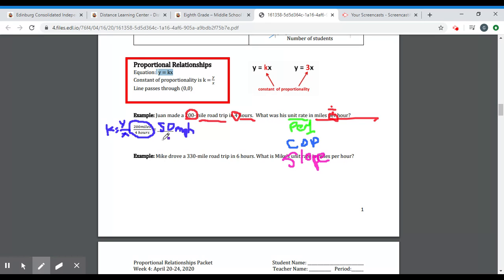And this right here is my k, or my constant of proportionality. Now, if I wanted to write this in my proportional equation, I would write it as y equals 50x.